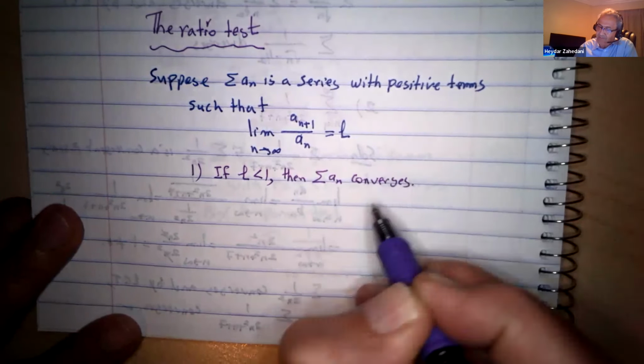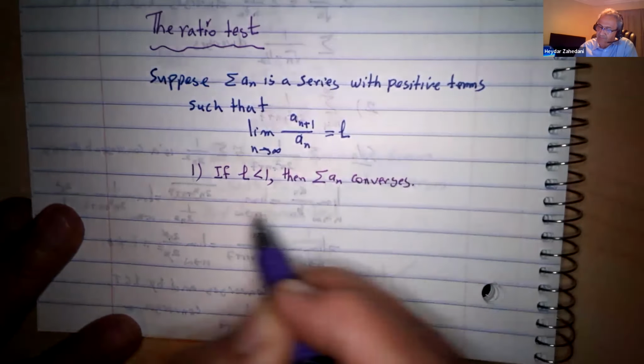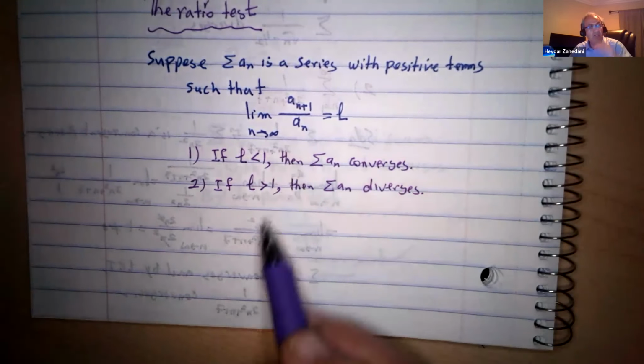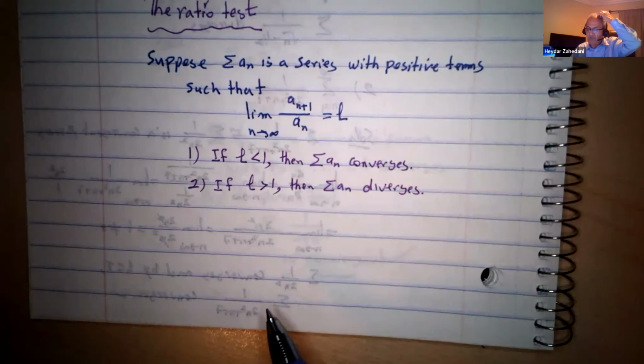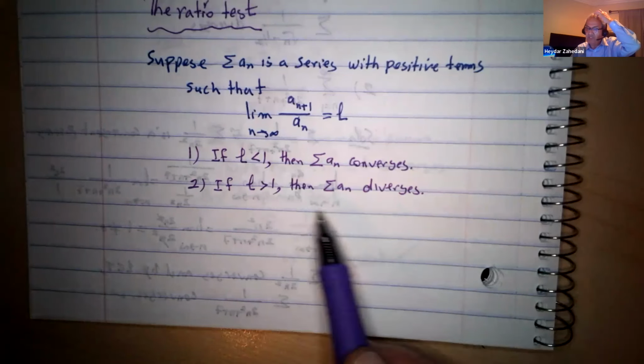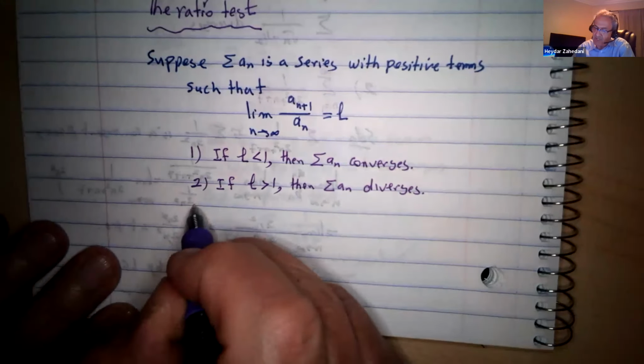That's case 1. Case 2, if L is greater than 1, then your series is divergent, or this series diverges. Very easy to check: a(n+1) over an, when it goes to infinity. If L is equal to 1, you are unlucky.